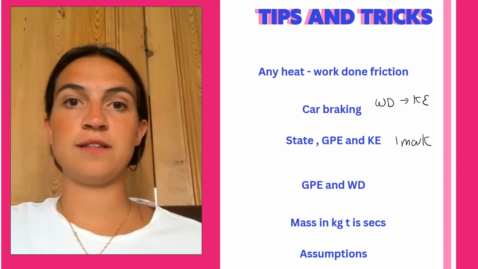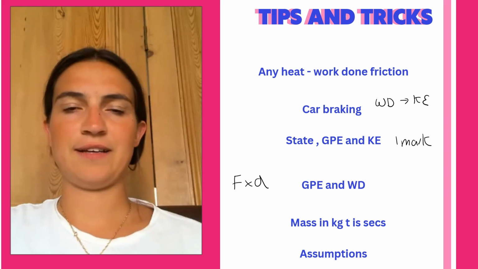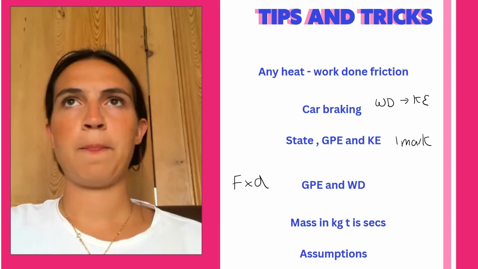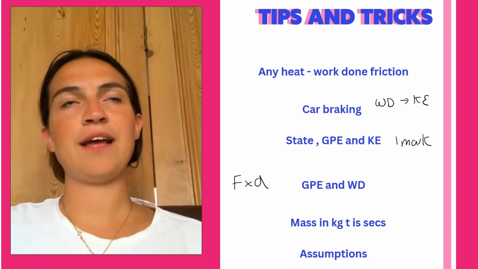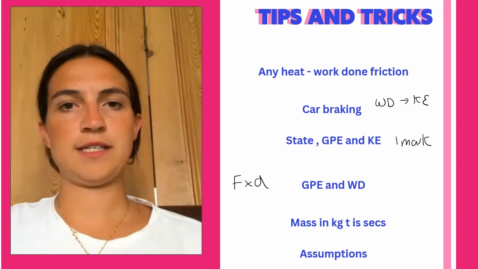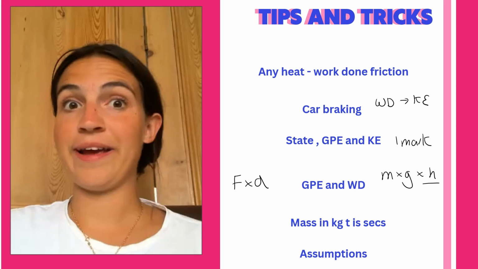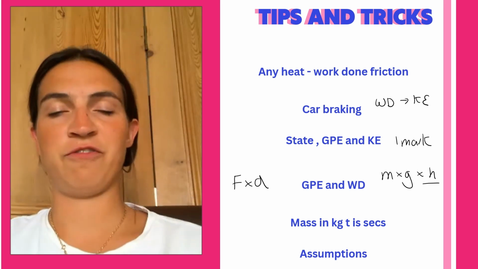GPE and work done. So this is more of a note. Your work done is a force times a distance. When you are working out your GPE, the force that's acting on your object is gravity. So that is your weight, okay, which is m times g. So that's the force.